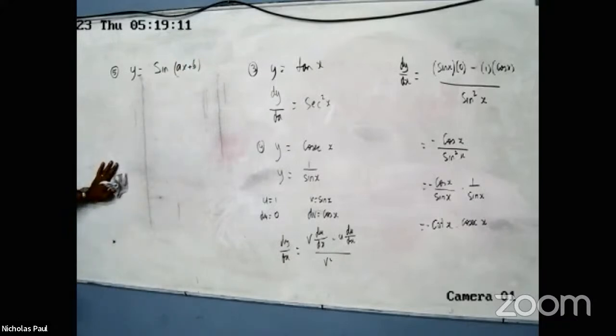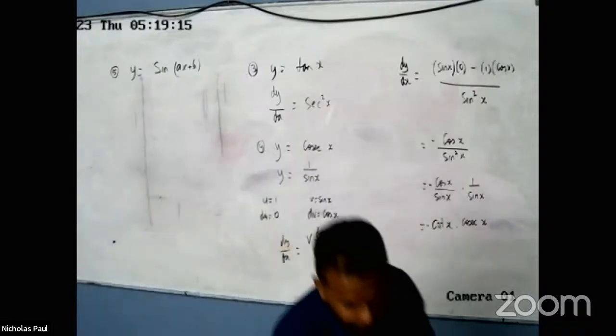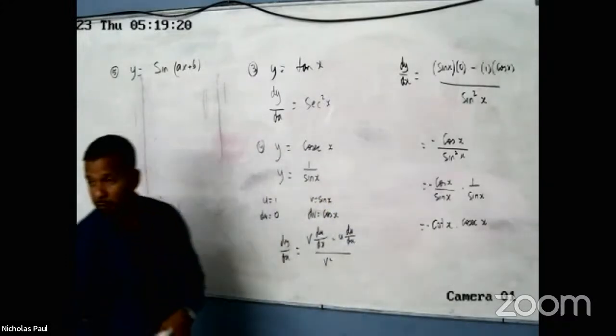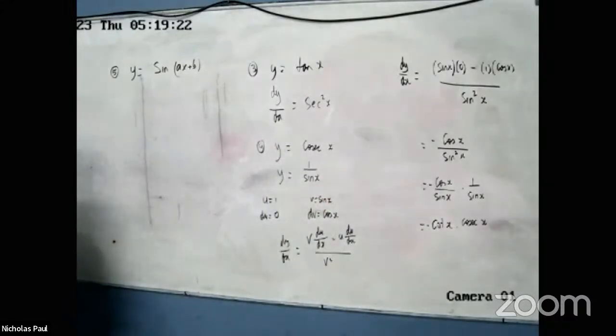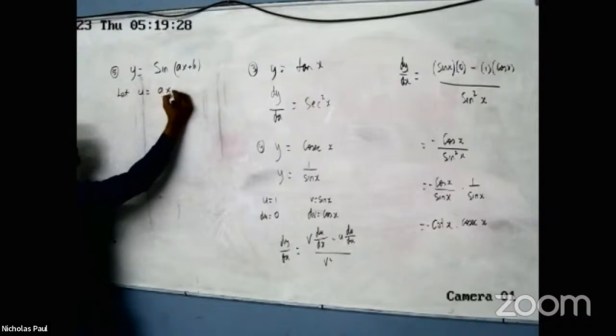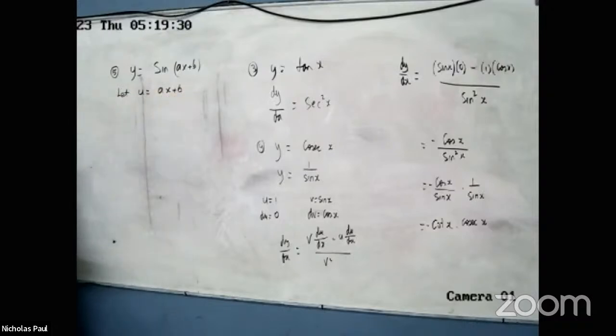What's the long way to differentiate things like this? Anybody remember? Remember the chain rule? You can use the chain rule to work these out.